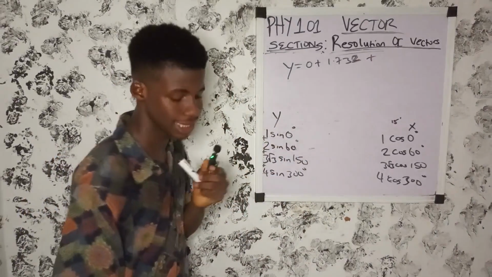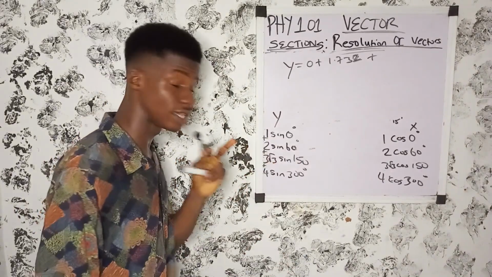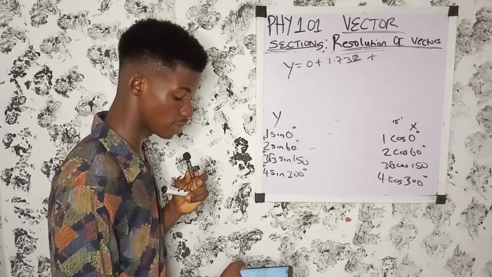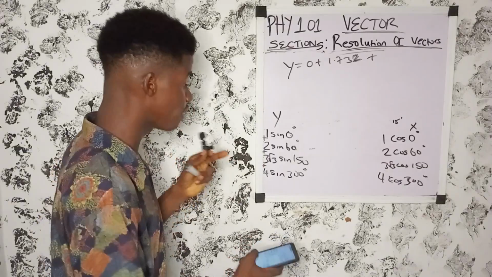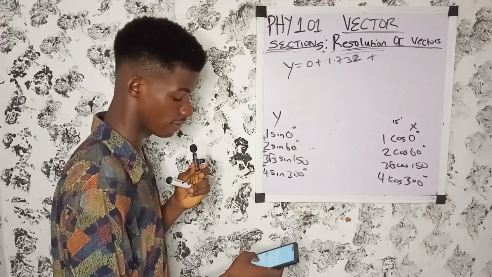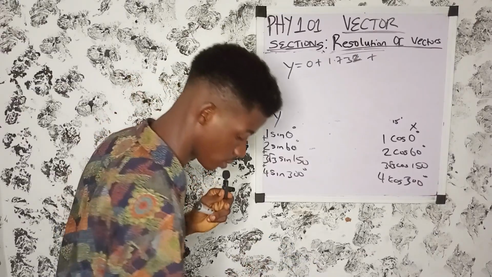Now root 3 is 1.73, then multiply with 3. 3 times 1.73, we have 5.19. 5.19 sin 150.